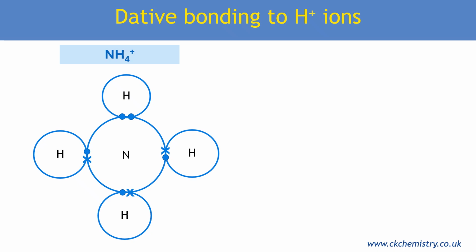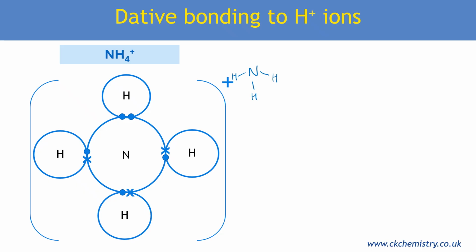Now because this is an ion, for every dot and cross diagram, even if it contains covalent bonds, if it has an overall charge, we put a bracket around the outside and we put a positive charge. If I wanted to show this as a more displayed formula, then there's my 3 hydrogen atoms that are normal covalent bonds, and then the only difference is I would sometimes draw an arrow from the nitrogen to the hydrogen, because the nitrogen is the donor and the hydrogen is the acceptor, and a square bracket and a positive charge on the outside.